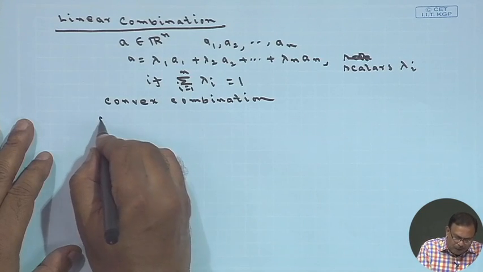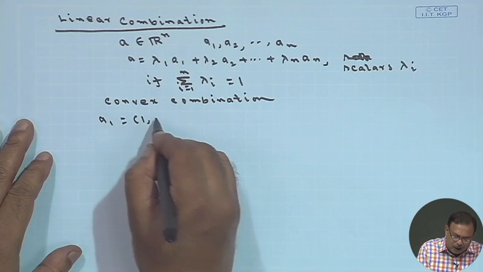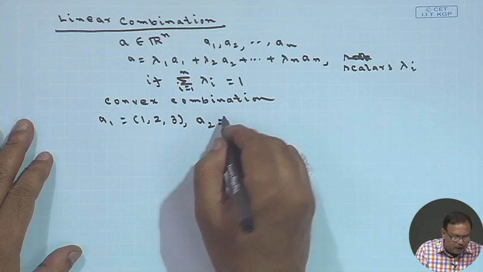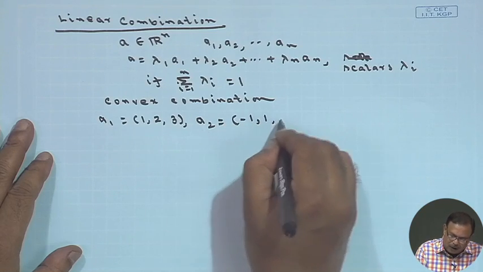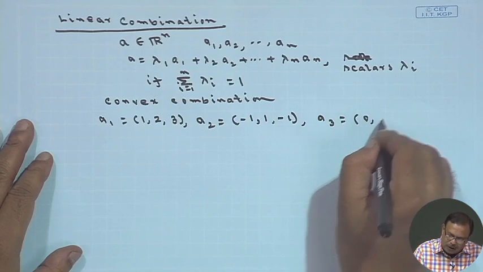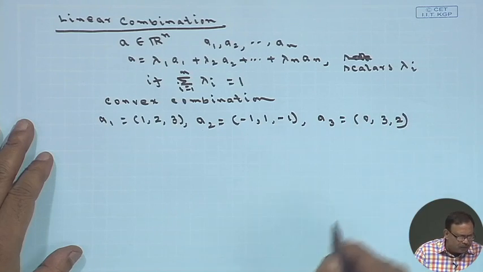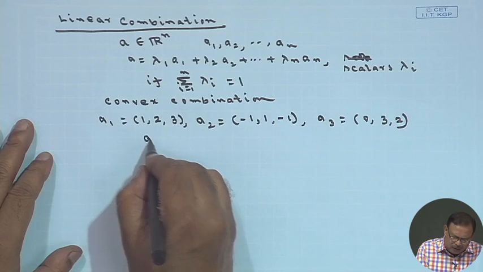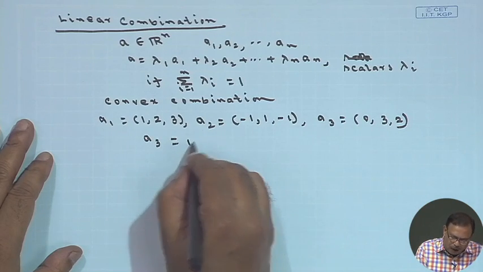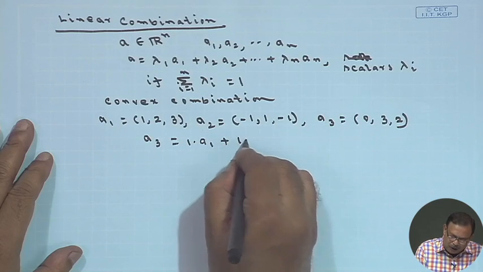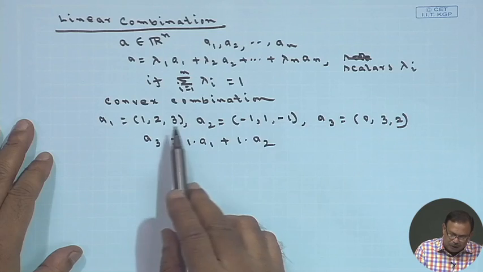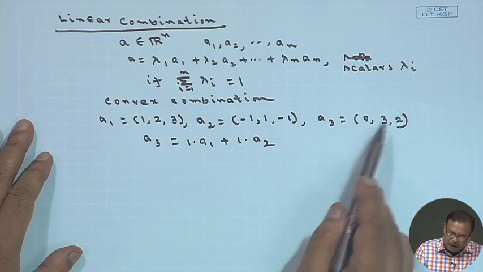If you consider three vectors, a1 equals this, the other vector a2 equals (-1, 1, -1) say, and another one say a3 equals (0, 3, 2). Can I write a3 as 1 times a1 plus 1 times a2? So, 1 minus 1 is 0, 2 plus 1 is 3, and 3 minus 1 is 2.